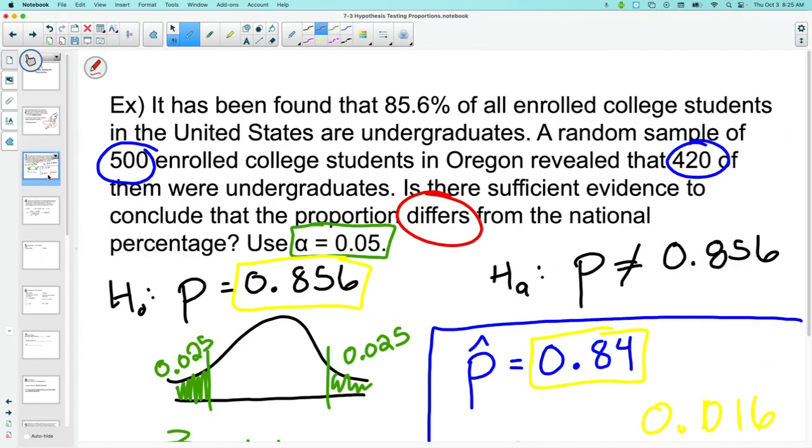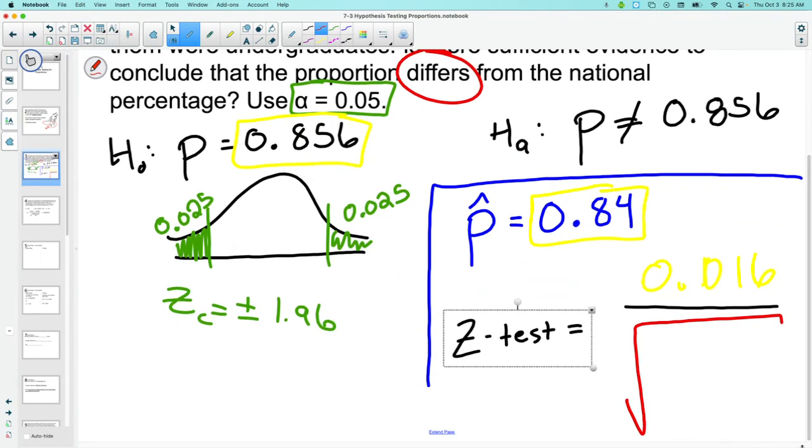So on here, I would take the proportion, which is 0.856, times Q. How do we find Q then? It's the complement, right? 1 minus this.